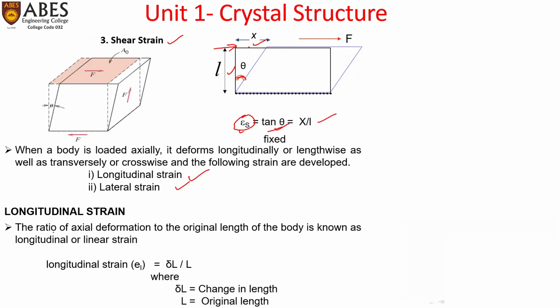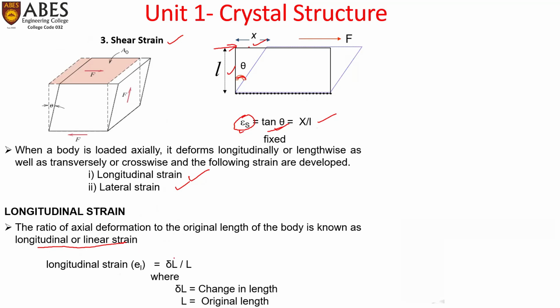Longitudinal strain: the ratio of axial deformation to the original length of the body is known as longitudinal or linear strain. Axial deformation along the axis where the force is being applied, to the original length, which we know as general strain, is linear strain or longitudinal strain.